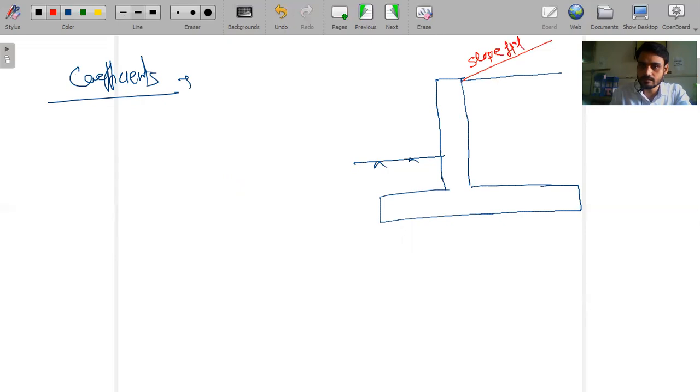Slope filling and horizontal filling. That is first condition, that is second condition.